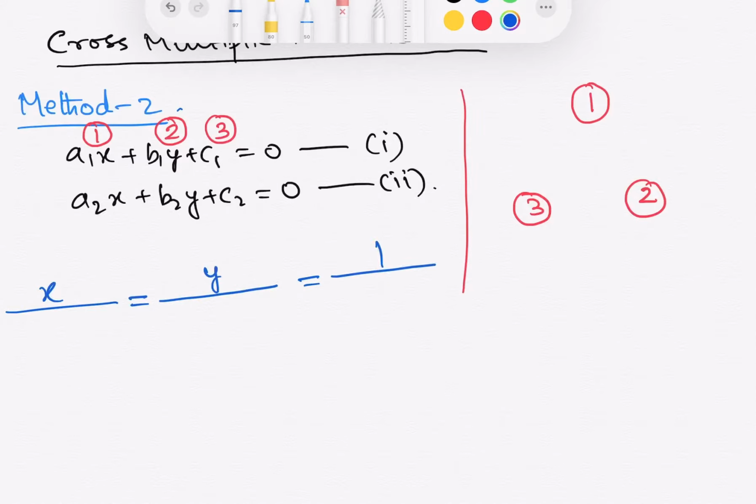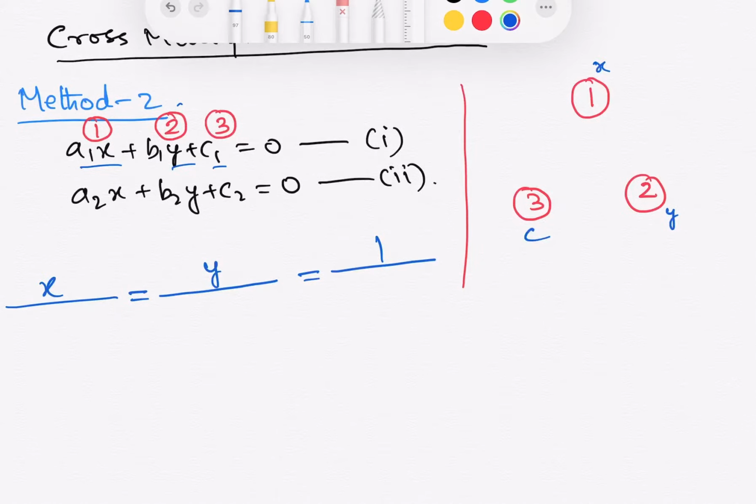For the constant part, this is the rule: you write 1 divided by. Now after that, you number x, y and c this way. Number 1 represents the x column, number 2 represents the y column, and 3 is the constant part c.